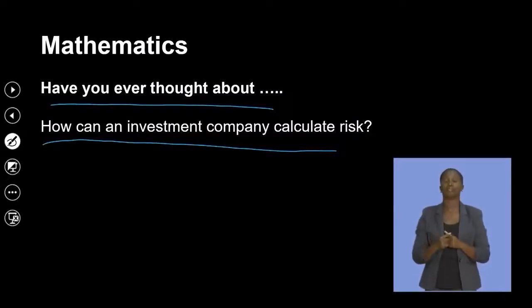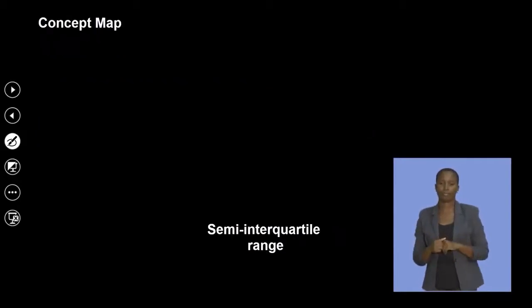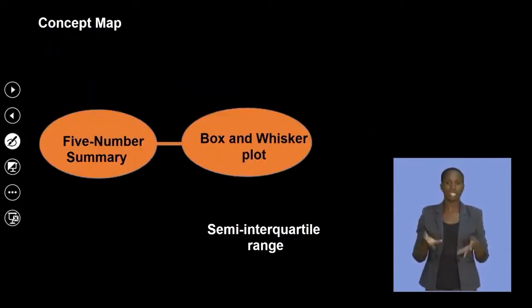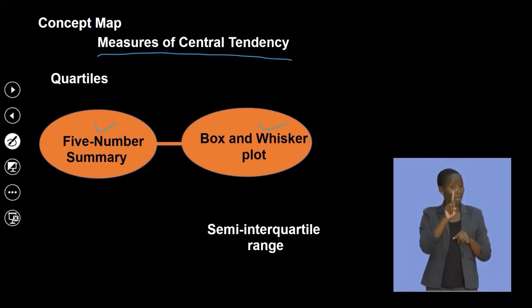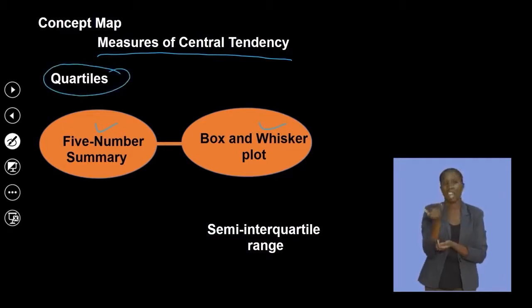So before we do that, we'll look at the five-number summary, the box and whisker. Under our measures of central tendency, remember, central tendency means you tend towards the center of the data, we have quartiles. Quartiles split the data into 25% portions: the median, the middle one, and the middle of the last 50% of the data.